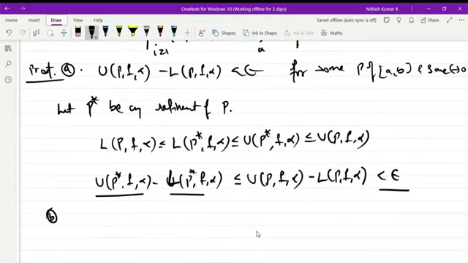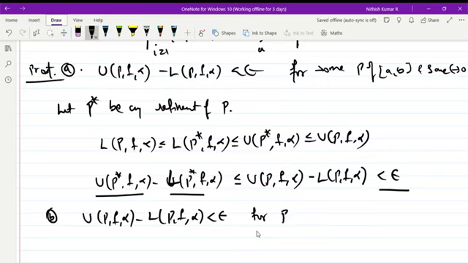So assume that here also U(P, f, α) minus L(P, f, α) is less than epsilon for partition P equal to {x0, x1, ..., xn} of the closed interval [a, b].